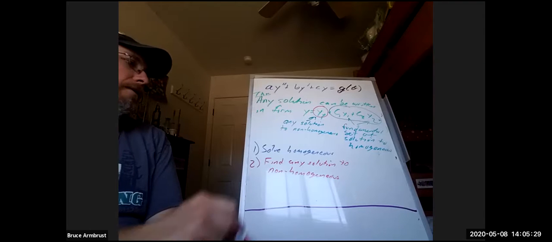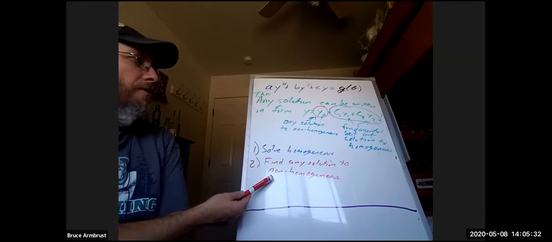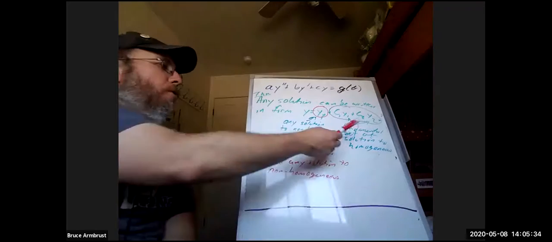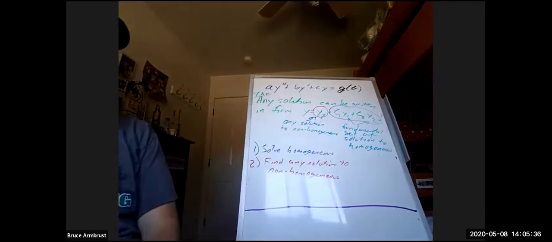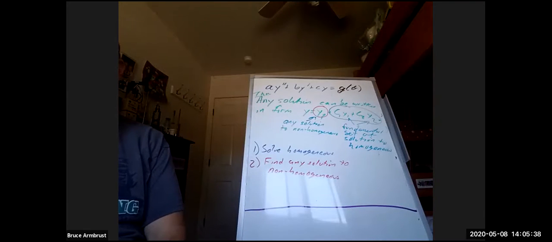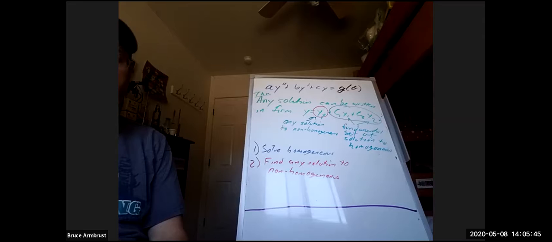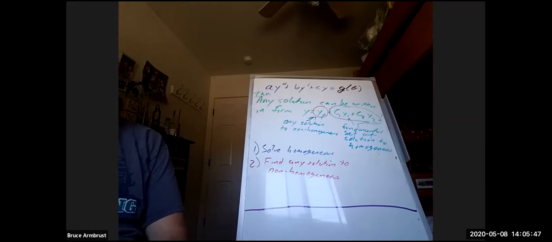Because then we can add that solution to the non-homogeneous to the generic homogeneous linear combinations, and we've got our solution. So basically there's one more step. The extra step now is find something that works for the non-homogeneous. Solve the homogeneous like normal, and then find one more thing.